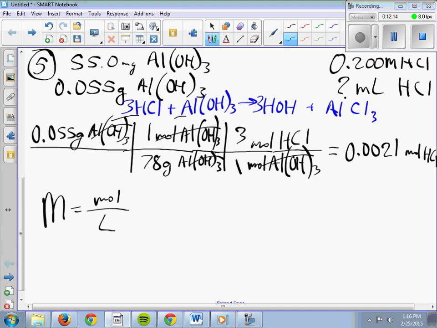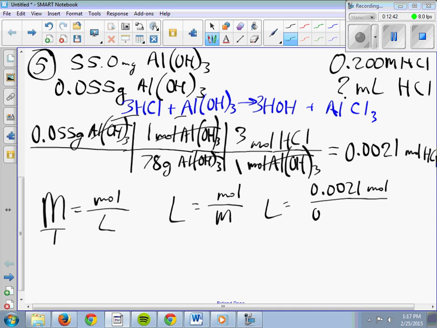Is this where you said we should rearrange it first to make it easier, or were you talking about up here? So if you wanted to get liters by itself, really you could swap those two things. So liters is equal to moles over molarity. So 0.0021 moles over our molarity, 0.200 big M, should give us a number of liters.